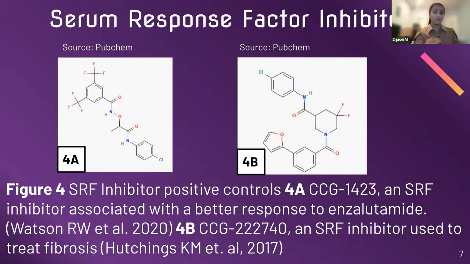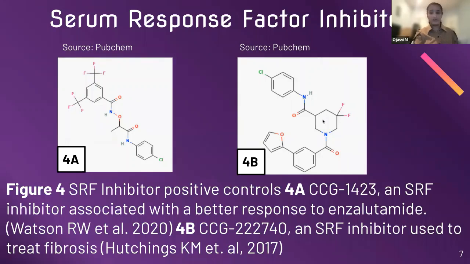So far, there were several SRF inhibitors developed. Shown on this slide are our two positive controls. CCG1423 is an SRF inhibitor associated with a better response to enzalutamide, which is a prostate cancer drug. And the drug on the right, CCG222740, is an SRF inhibitor used to treat fibrosis.